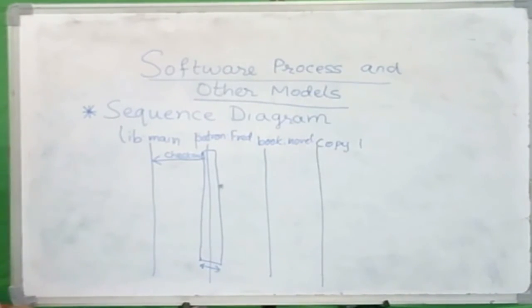So this is one example of the sequence diagram. Next, hierarchy diagram.